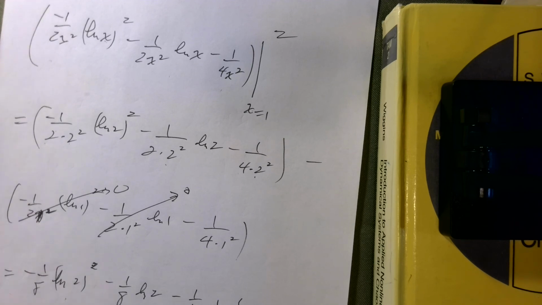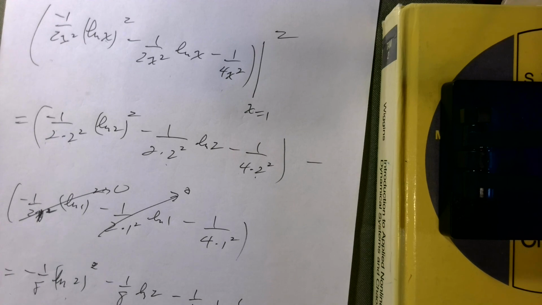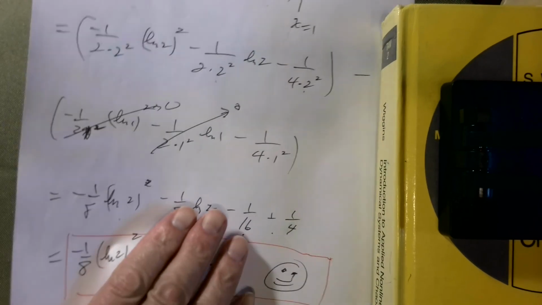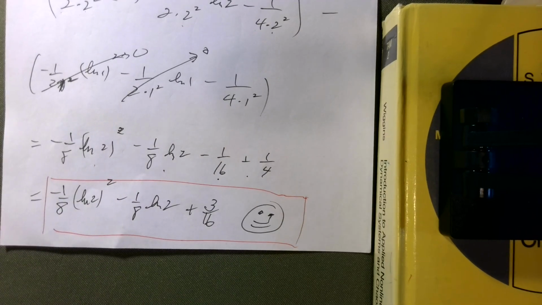So, integration by parts is a method to take your hard to evaluate integral and make it into something, quote, simpler. And the trick is to do what?